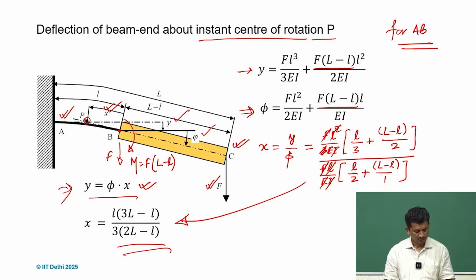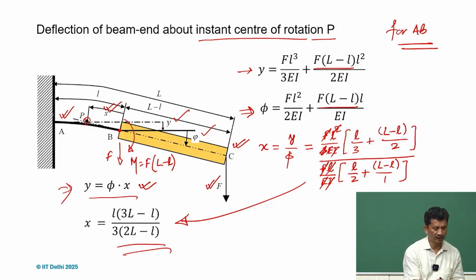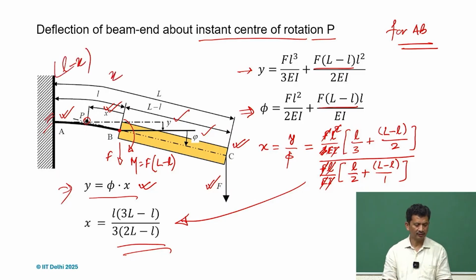So this is the derivation for x, and x is the position of P from B. If we check from A, the fixed end, it will be l minus x from A, and this length is x. So be aware of that. x is from B.